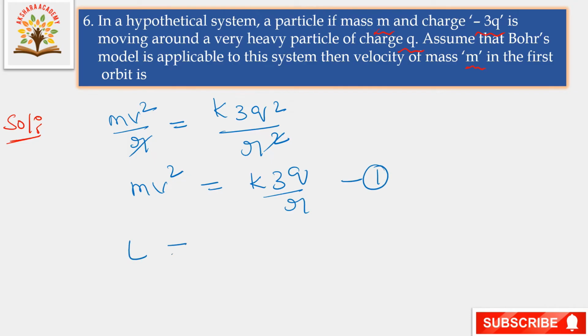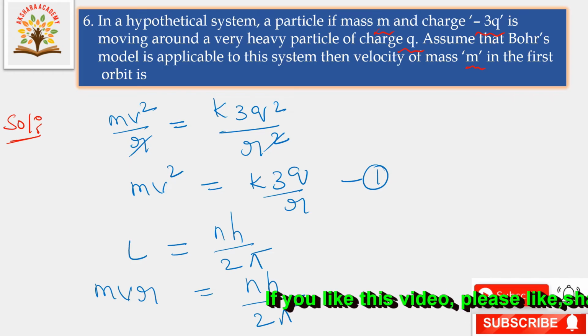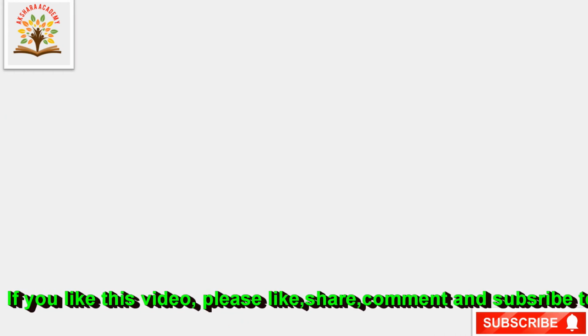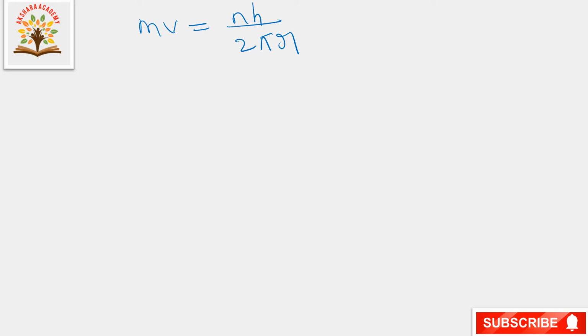So L, angular momentum L, is equal to nh by 2 pi. L, which is mvr, is equal to nh by 2 pi. So from this we can write mv is equal to nh by 2 pi r.